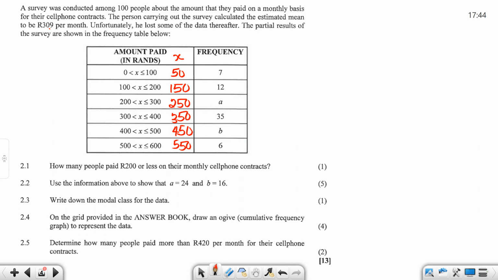This examiner is very tricky and sneaky and clever. What is 7? What's my total frequency? I should be getting what? 100. But I cannot get 100 because of A and B. So what is 7 plus 12? 19. 19 plus 6 would give me what? 25. 25 plus 35 would give me 60.